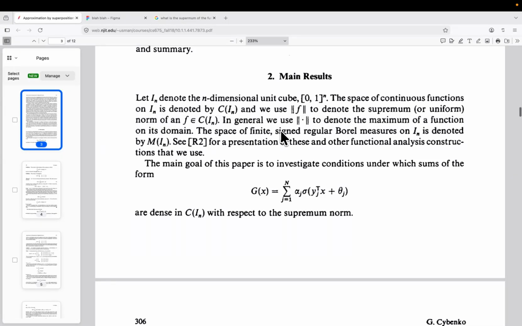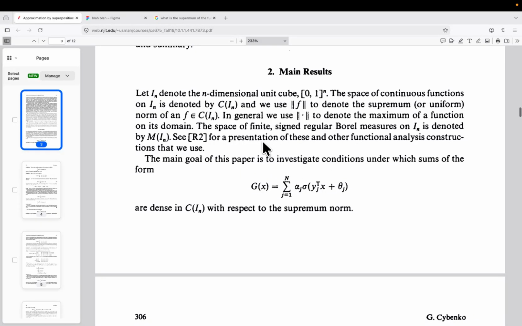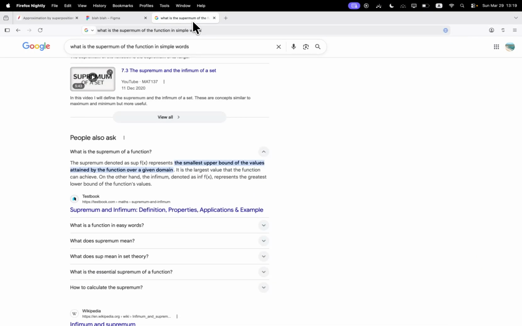The space of finite signed regular Borel measures on Yn is denoted by M of Yn. What is a Borel measure?